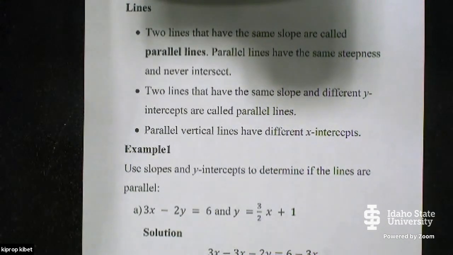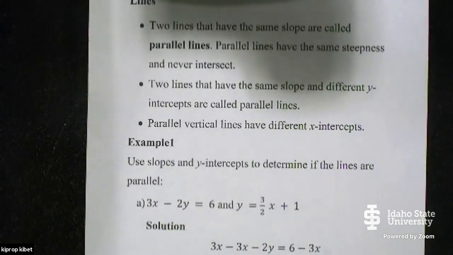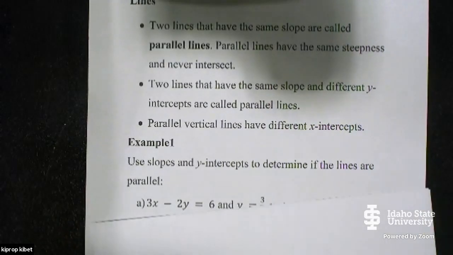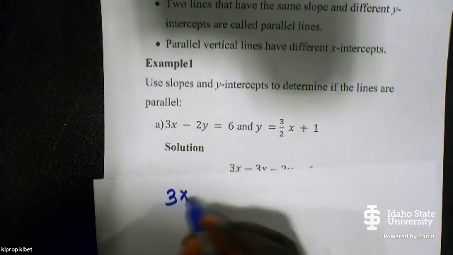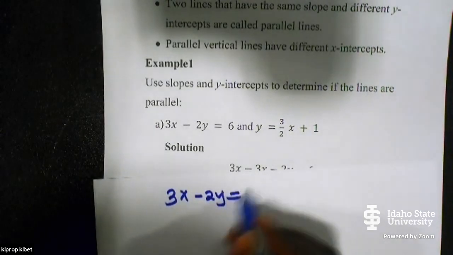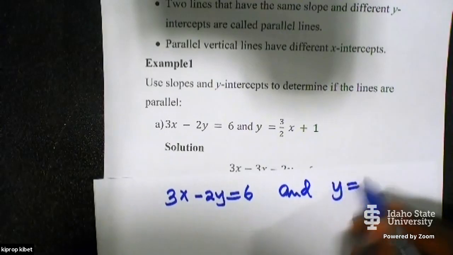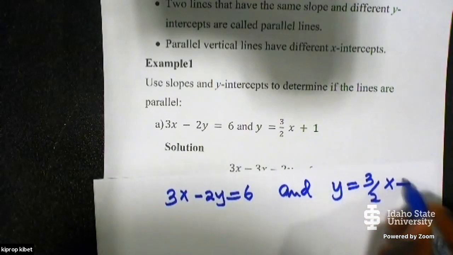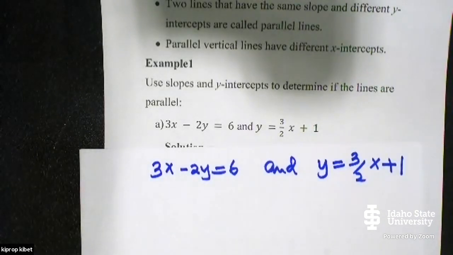To check whether these are parallel lines, we use the slope and y-intercept. So those are the two lines.